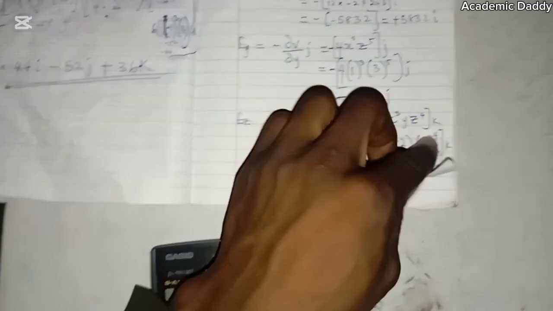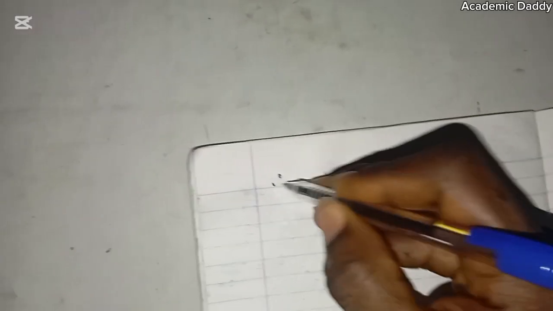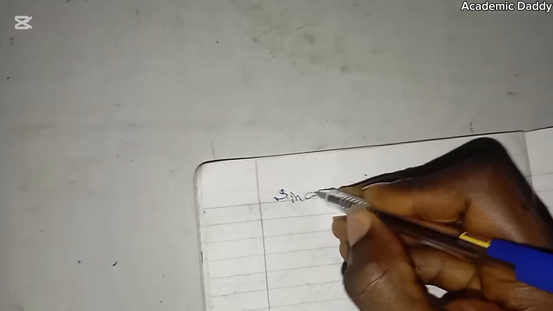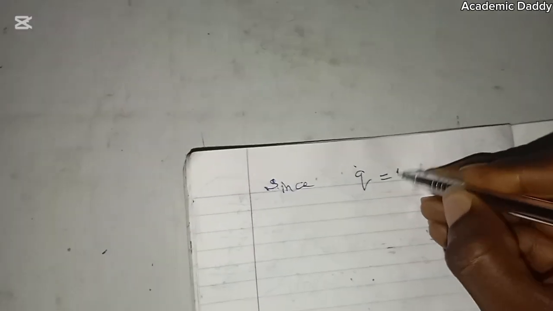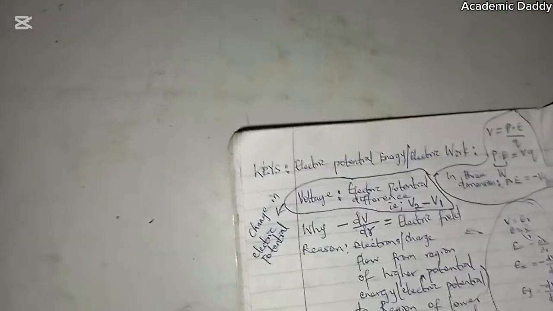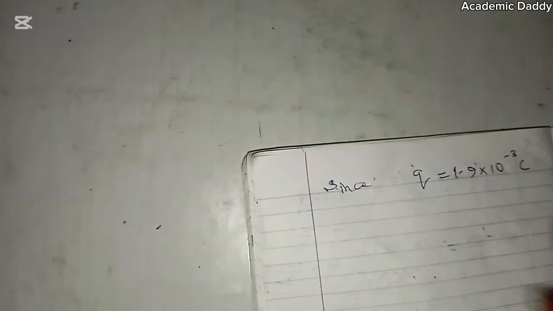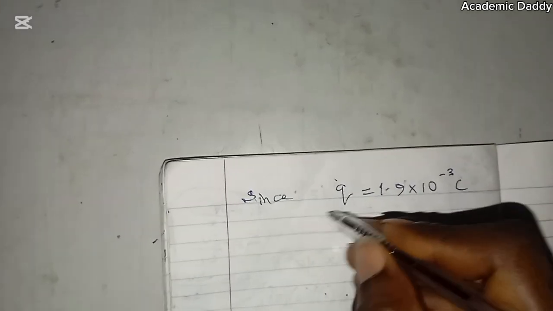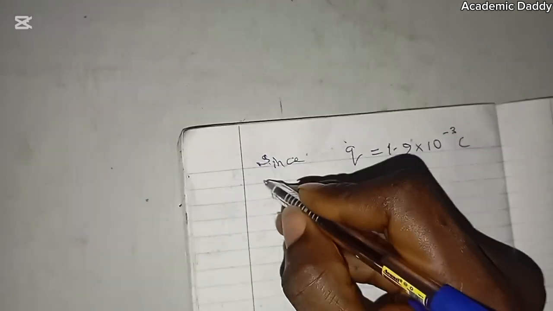So to find force, since Q equals to 1.9 times 10 raised to the power minus 3 coulomb. Yes, coulomb. And I've gotten E.